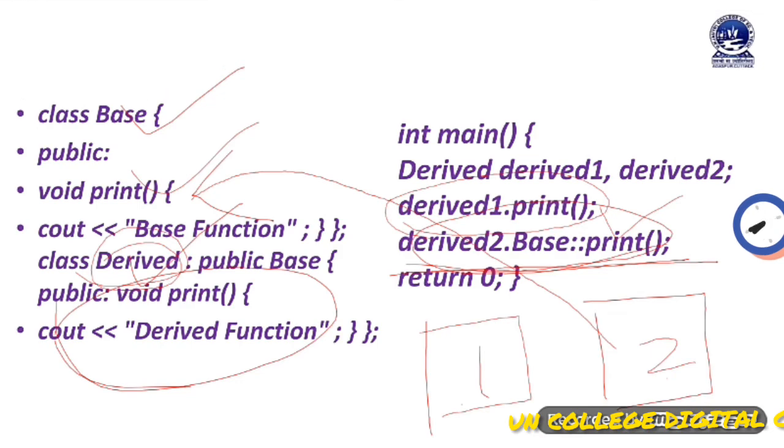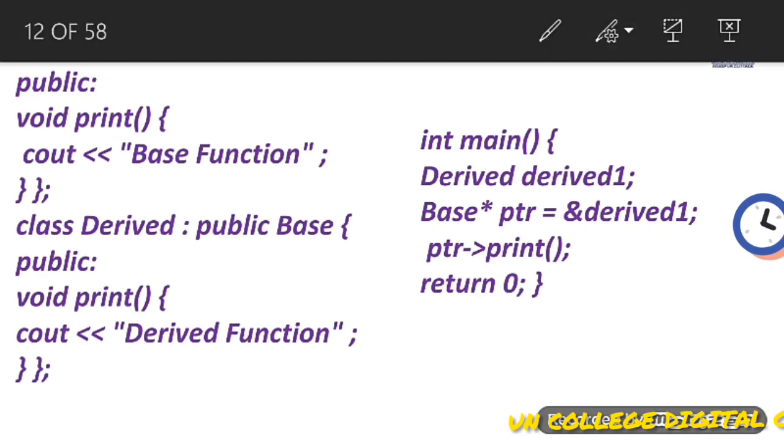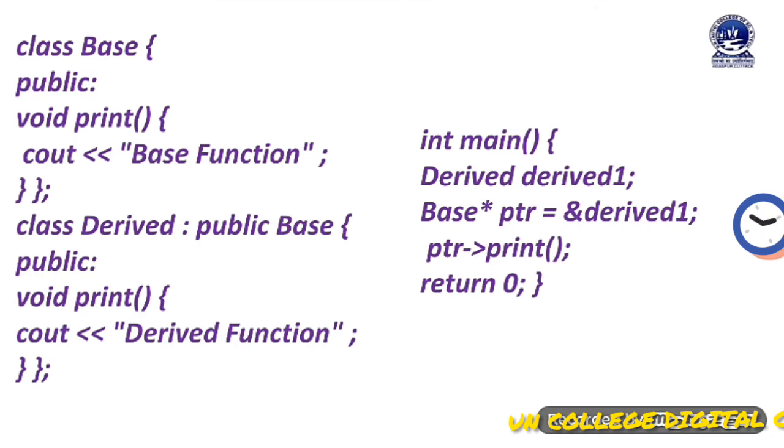Now I am going to give another example where I have used a pointer. Already in the previous example of virtual function I have used a pointer, but here I want to explain the use of pointer in function overriding. Let me use the pen again. Here you can see the class base, inside the base class I have used void print in the public part.